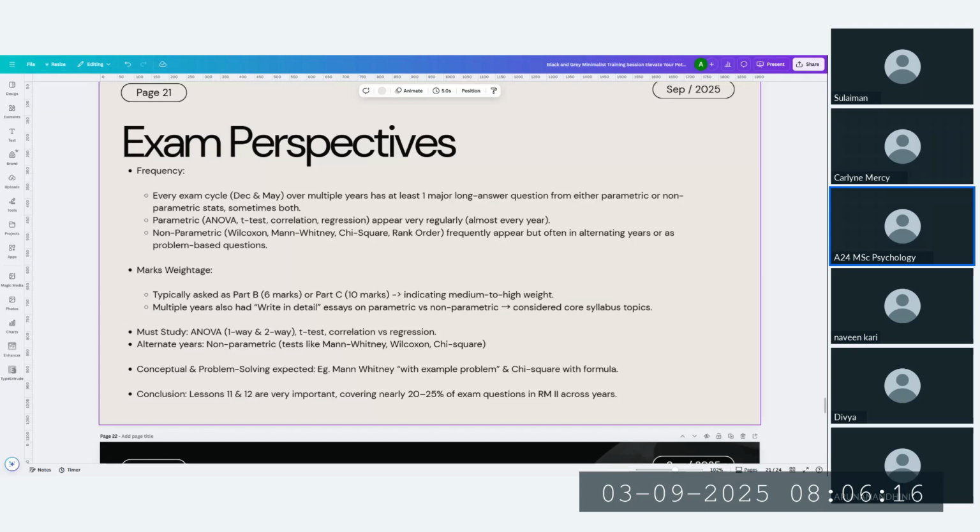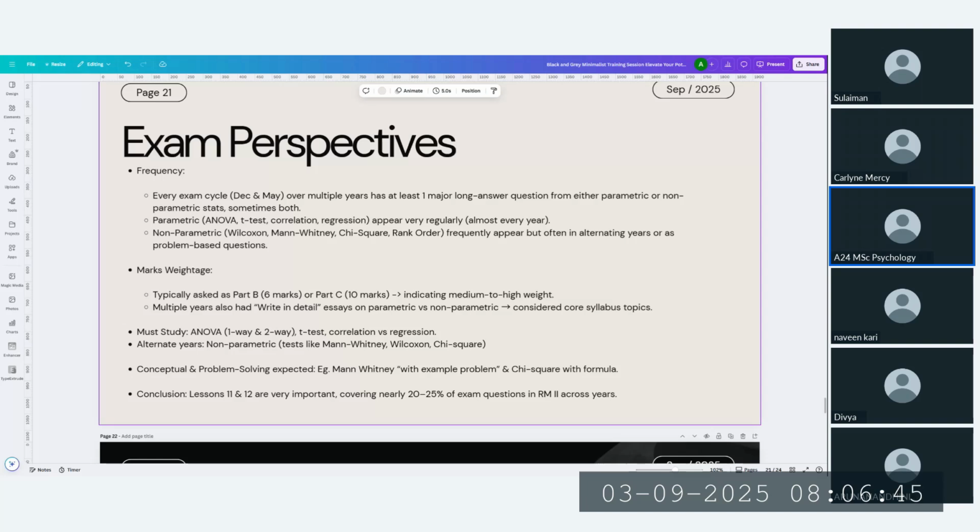Non-parametric, which of course ma'am is handling tomorrow, is again very, very important. It takes these fundamental concepts to the next level and gives us more sophisticated tools as psychologists to move our research forward. So what is the takeaway? You must study ANOVA one-way, two-way, t-test, correlation, and regression. One of these definitely comes.